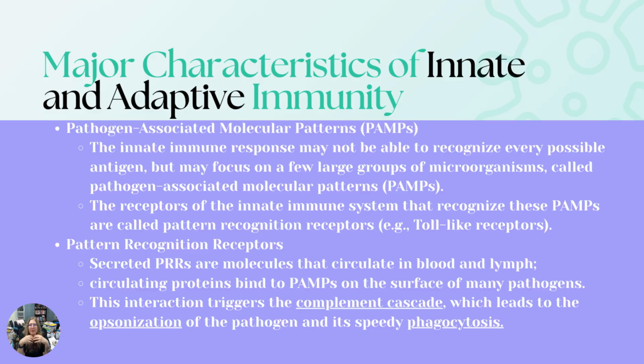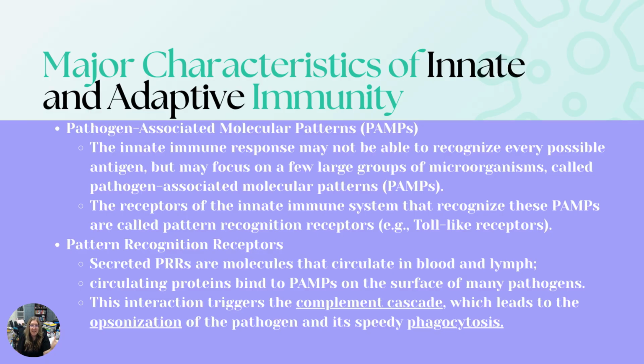And immune cells have receptors that are designed to recognize those patterns. Those are the pattern recognition receptors or PRRs. One important family of PRRs is the toll like receptors. So here's the relationship I really want you to remember. The PAMP is the pattern, and the PRR is the receptor that recognizes that pattern.